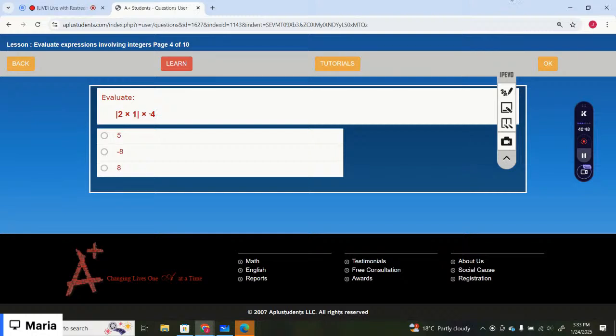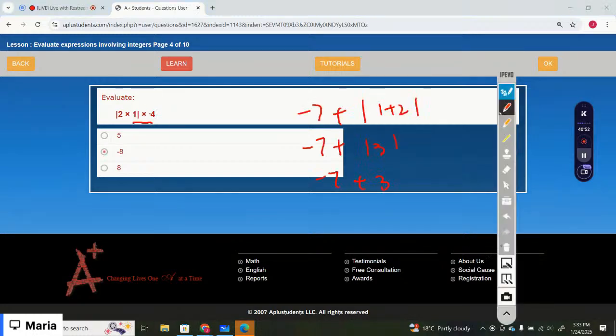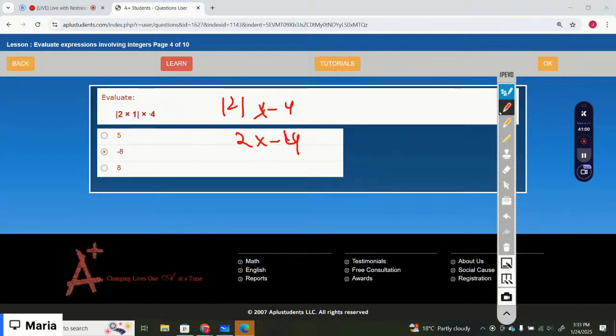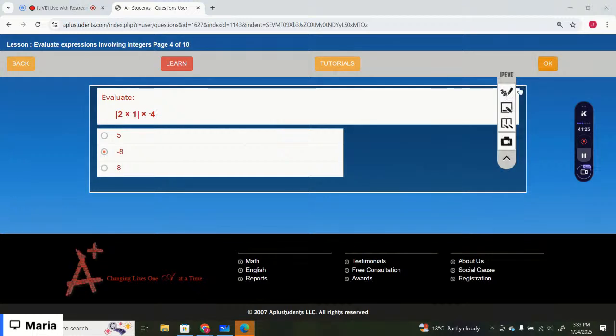The absolute value of 2 times 1 is 2, right? So the absolute value of 2 is 2. 2 times negative 4 is negative 8. Option number 2 is the correct option.